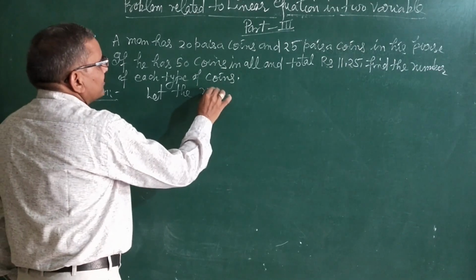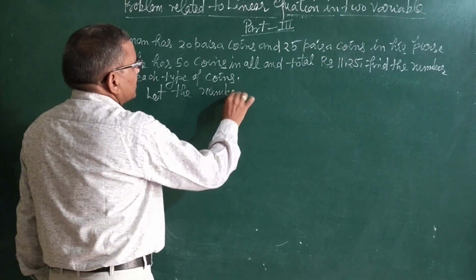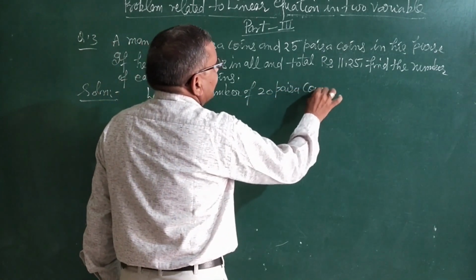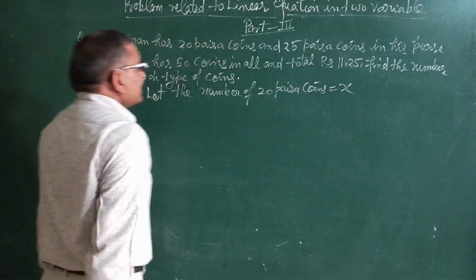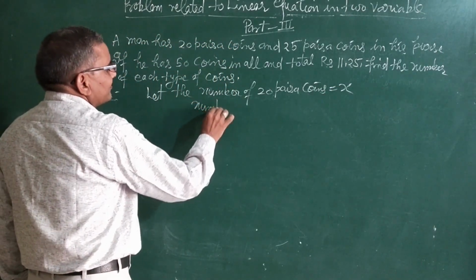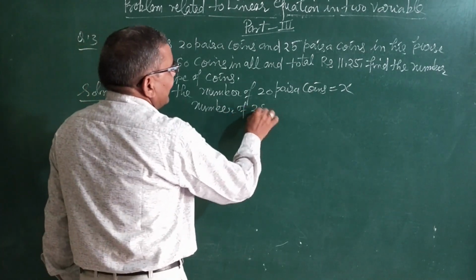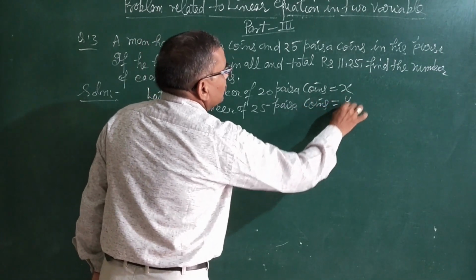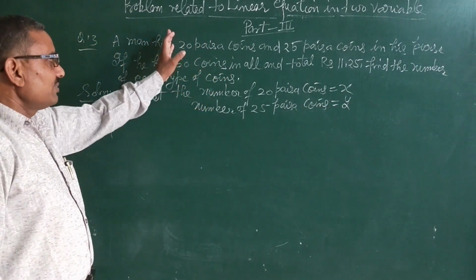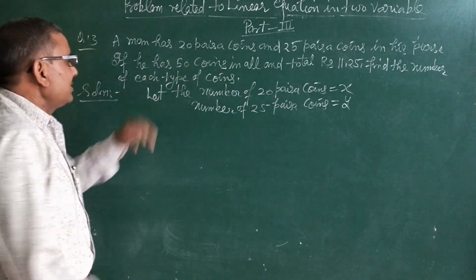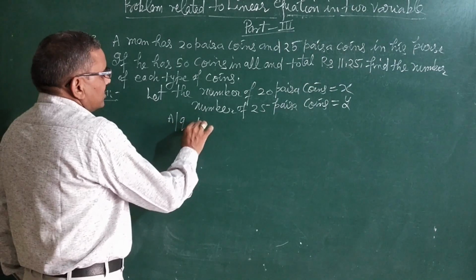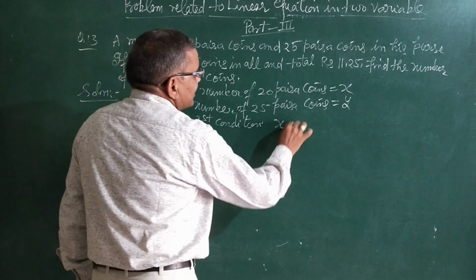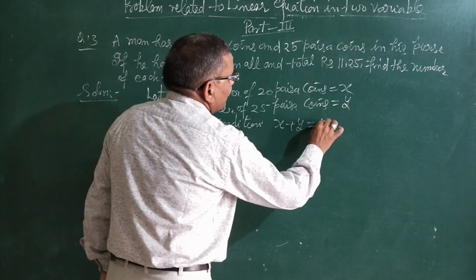Let the number of 20 paisa coins be x, and the number of 25 paisa coins be y. Now according to the question, first condition, the sum of the coins is 50, so x plus y is equal to 50.